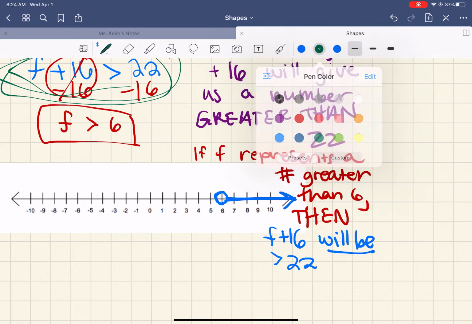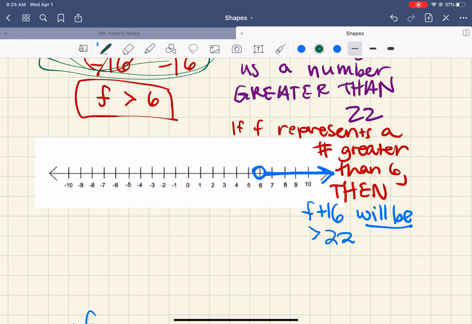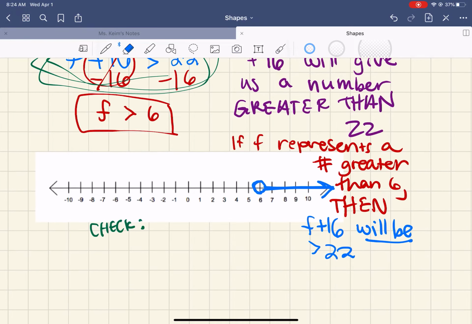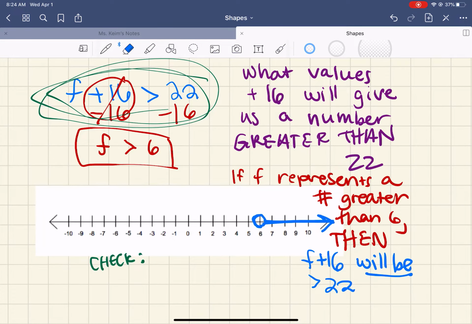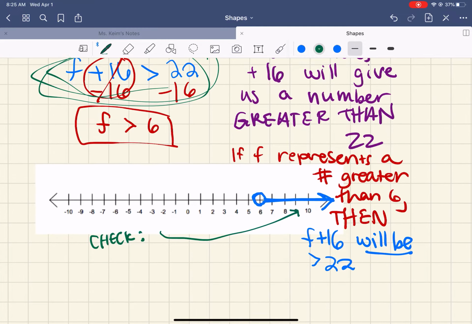Once again, we need to check our work, because I understand that this is a really abstract concept. And unless we check our work, we're not really going to be sure if we did it correct. So we check our work by testing our solution set. We're going to pick a number that's greater than 6. So let's pick, I don't know, let's pick 9, okay?